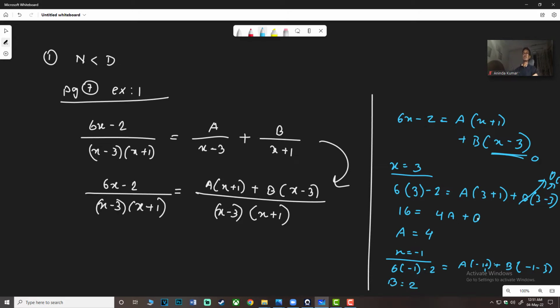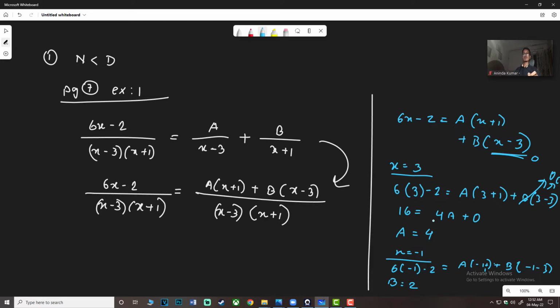Okay, so this was pretty straightforward. It's not necessary for you to always take x equal to minus 1 in the second part, because notice that once you know the value of a, you can put any value of x that you want, except for 3, of course, and you can find the value of b.